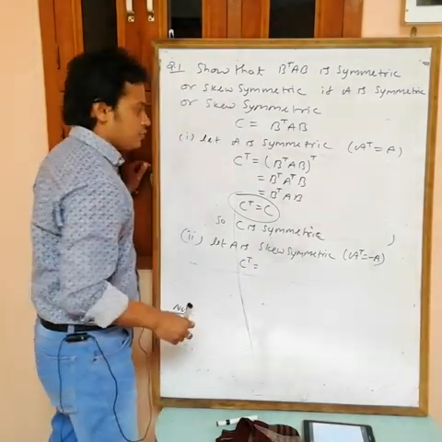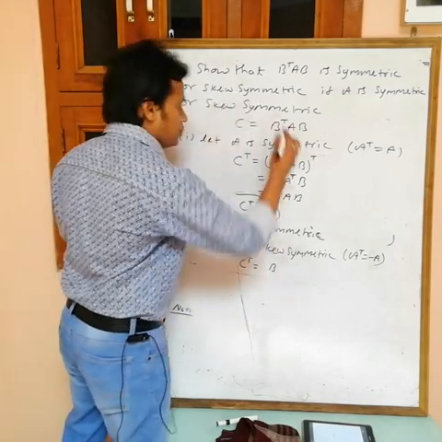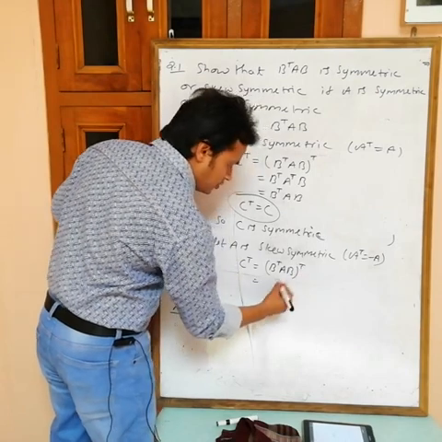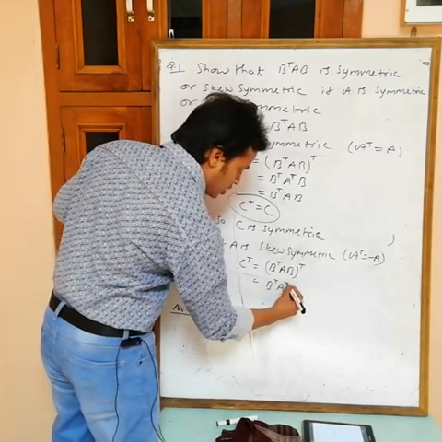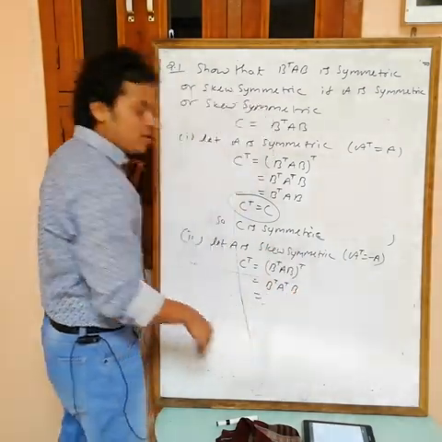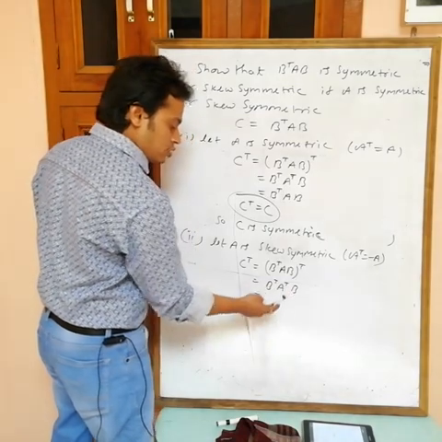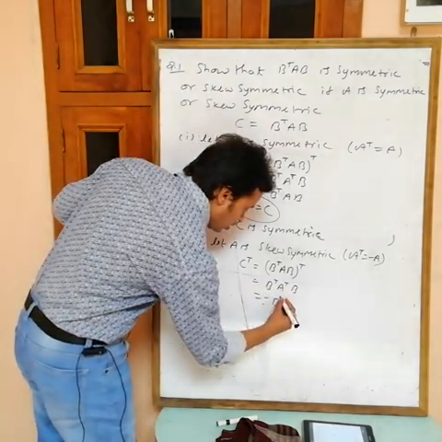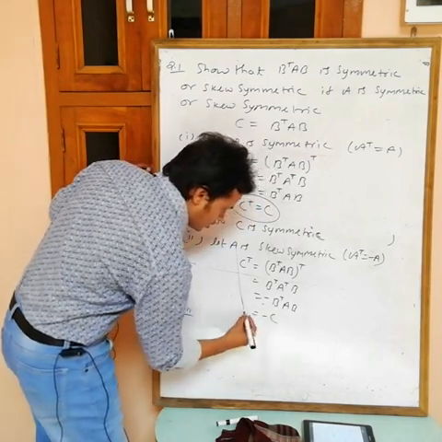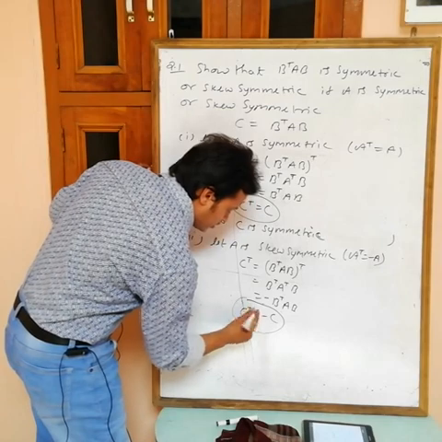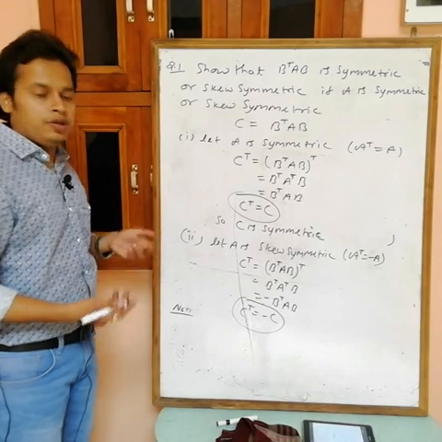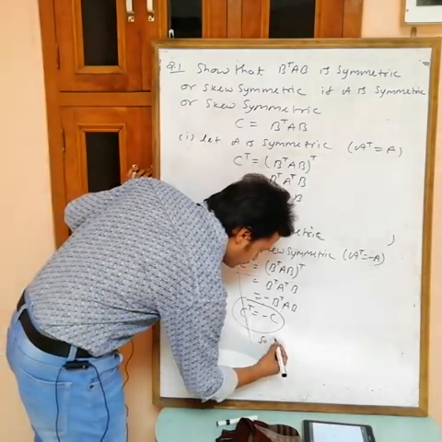C transpose: C is (B transpose AB) whole transpose. Again the value is B transpose A transpose B transpose transpose, which is again B. A is skew symmetric, so A transpose equals minus A. Minus outside, then minus B transpose AB, and this is equals to minus C. We are getting that C transpose equals minus C. If C transpose equals minus C, then I can say that C is skew symmetric. Hence proved.